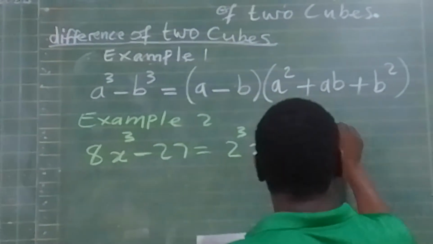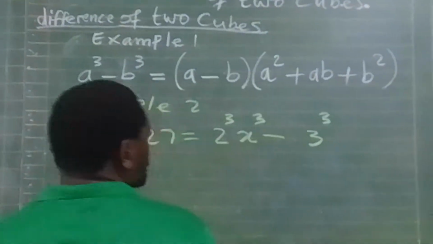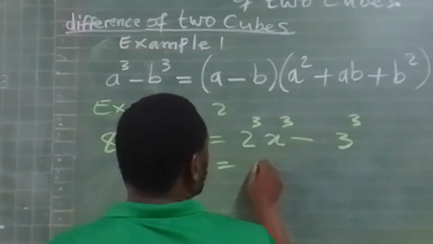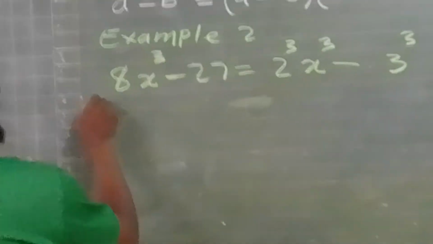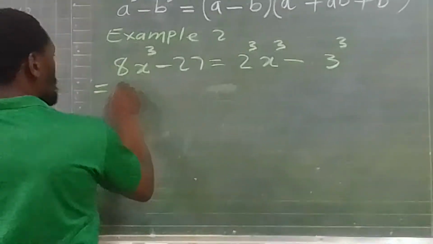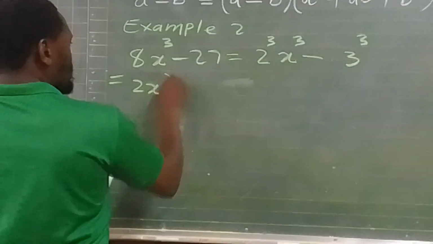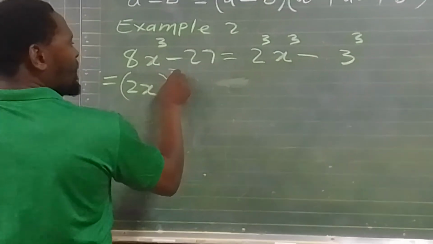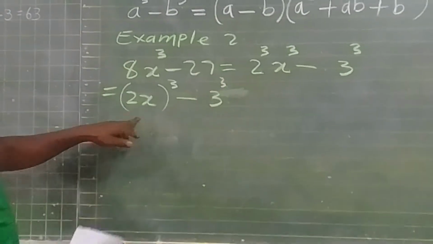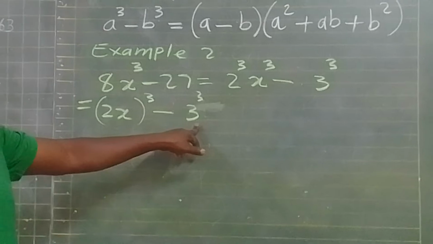Minus 3 cube. This is the same as 2x all to the power 3 minus 3 to the power 3. Now this is your A, this is your B.